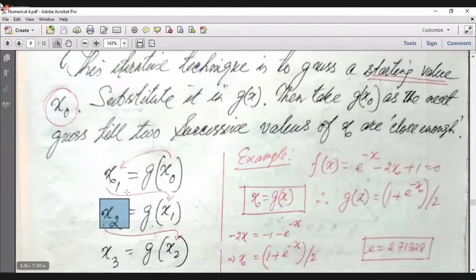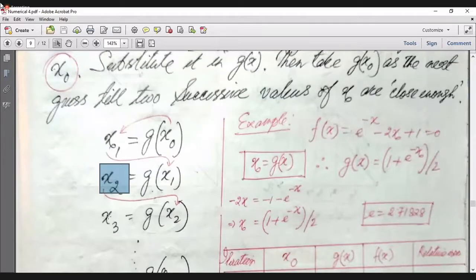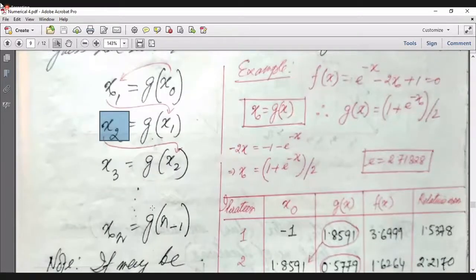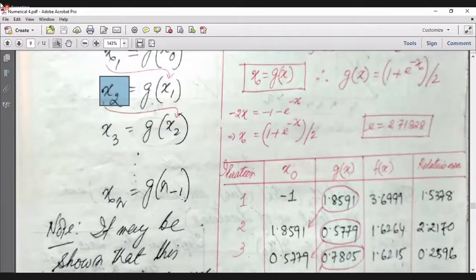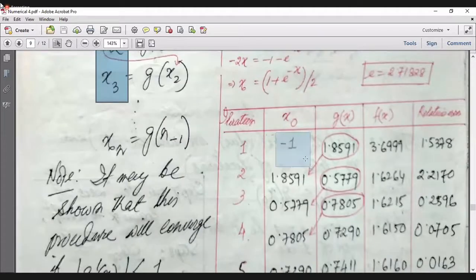Then this new value you substitute again in g of x, and we proceed this way. How long do we proceed? Here also we use our relative error. If the values x2 and x3 are almost the same, then we can stop our iterations. So here I choose the initial point as -1.